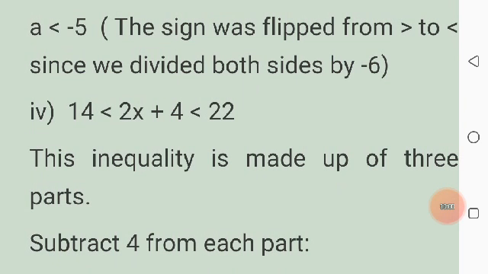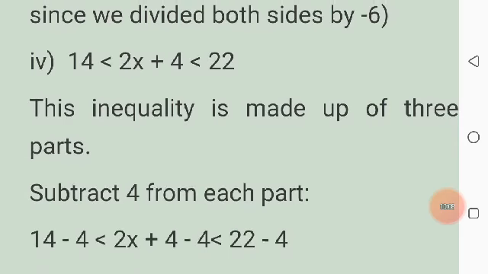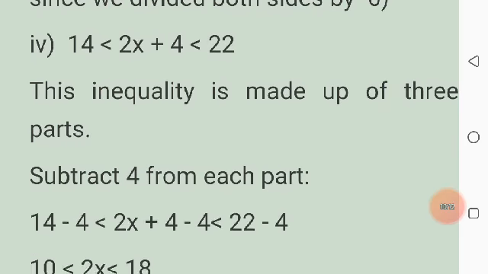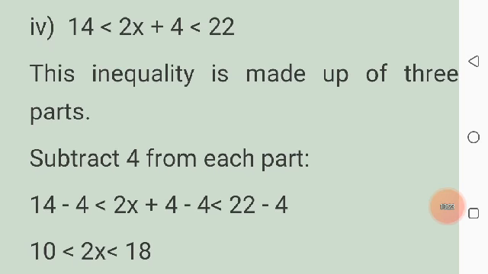So the first thing is to remove 4 from beside 2x. So when you subtract 4 from each part, we have 14 minus 4 is less than 2x plus 4 minus 4 is less than 22 minus 4, which is going to give us 10 is less than 2x less than 18.